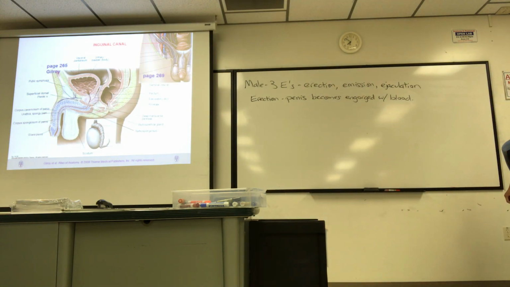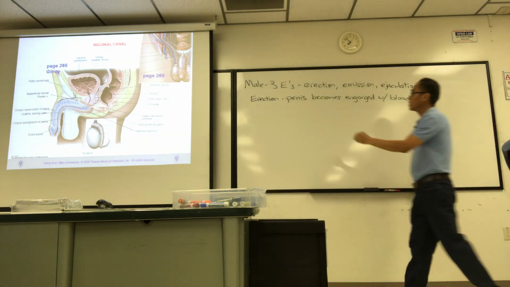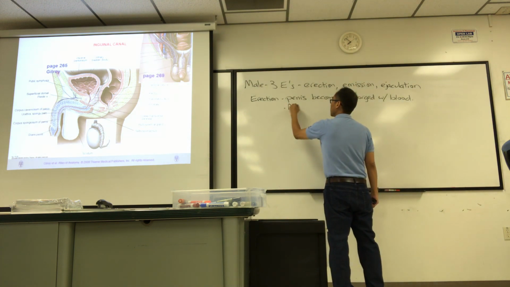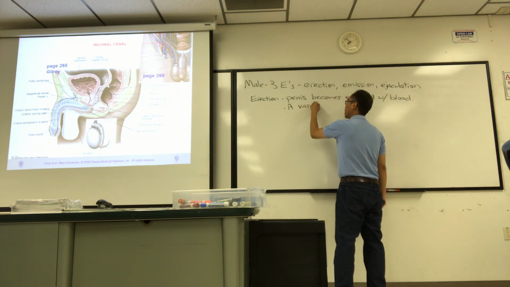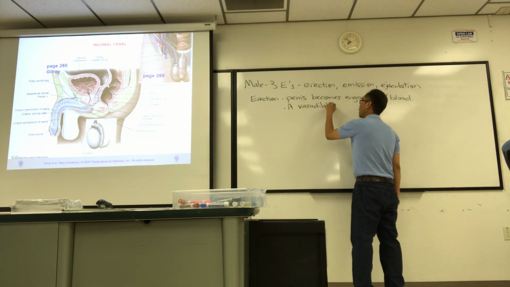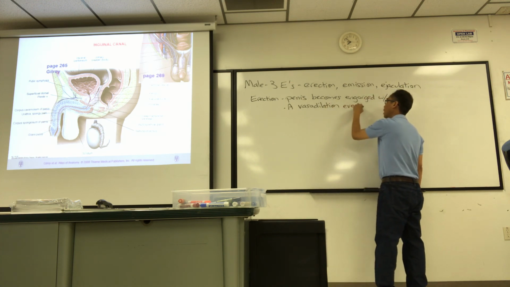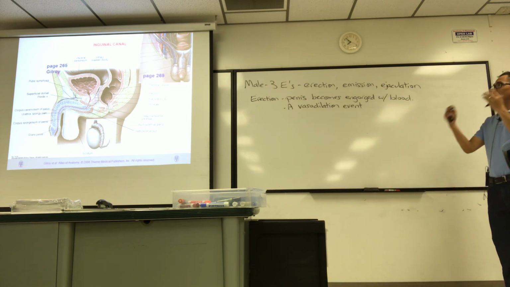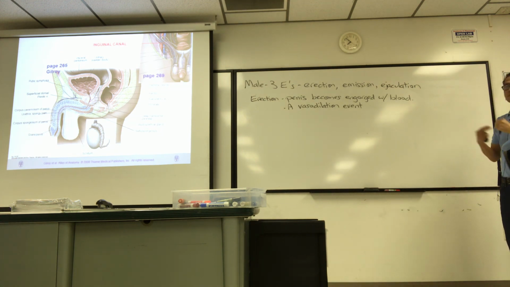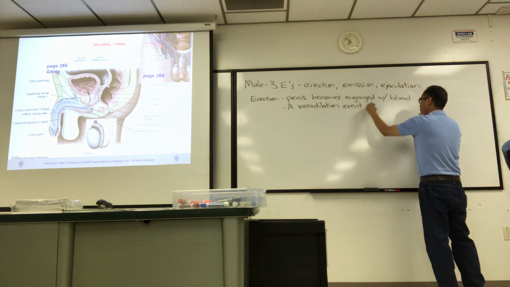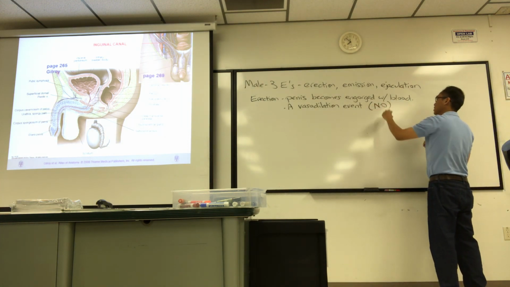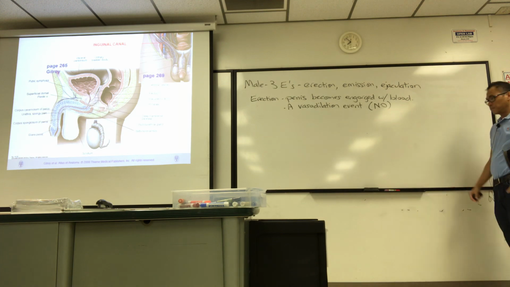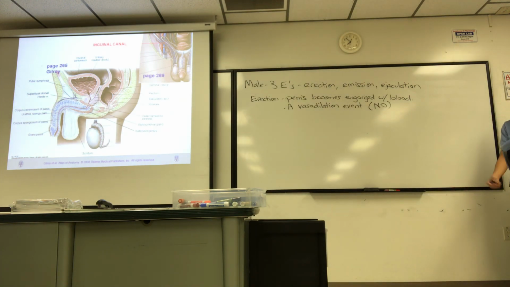So think of erection as a vasodilation event. That means arteries open up, blood rushes in. That's an erection. Okay. Now, on all those drugs that we see commercials for, Levitra, Cialis, Viagra, any of them.